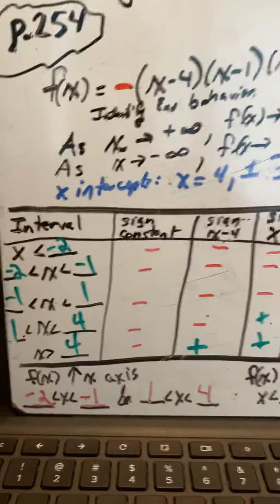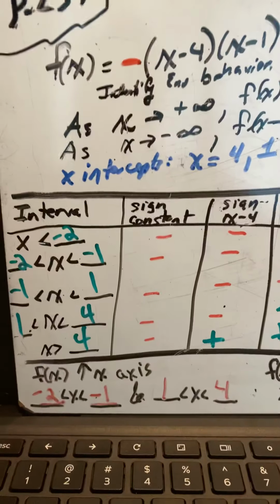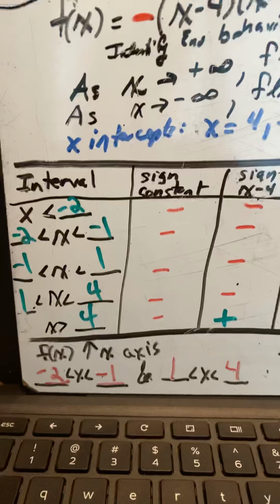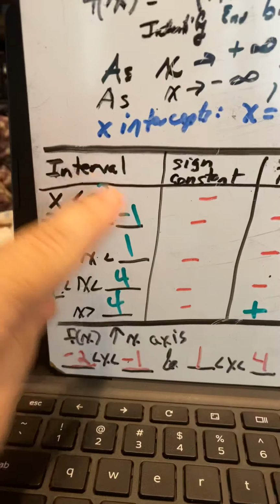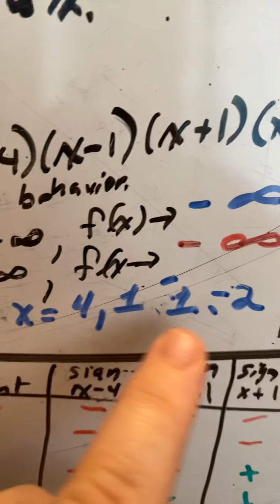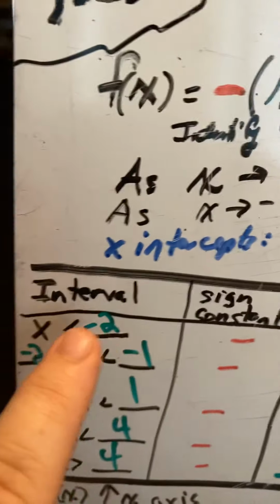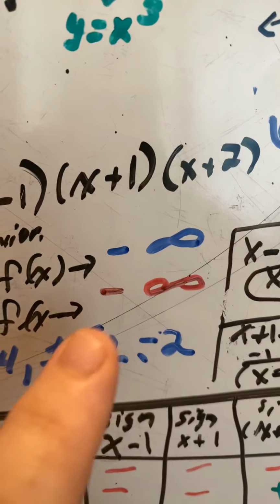All right, let me wrap this up because I don't like to go more than 15 minutes for the direct instruction component. Let's take a look at the intervals quickly. How do I know how to set this up? I look for my absolute smallest of the x-intercepts, which is negative 2. So I want to look at all the numbers that are below negative 2. And then I say, what's the next number next to that? Negative 1.